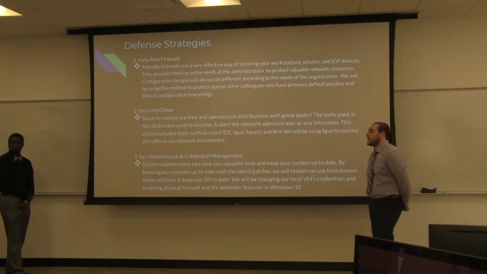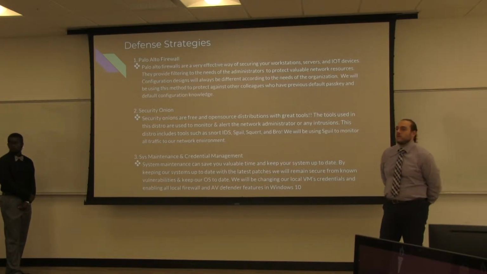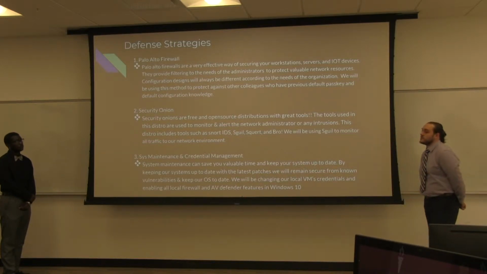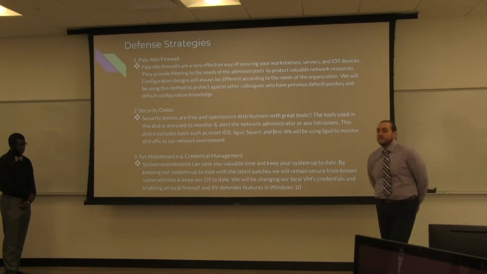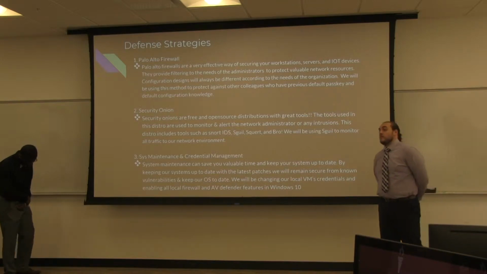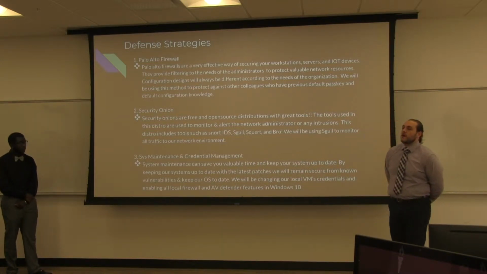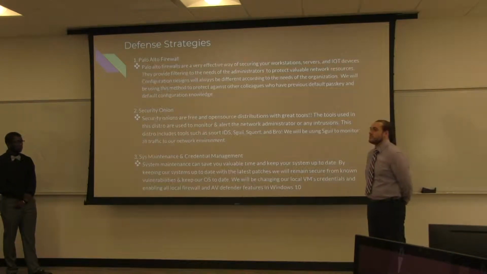And then additionally, we changed our local Windows VM credentials and enabled all of our local firewalls and AV Defender on Windows 10, just in case they did get past the firewall. You still have a secondary line of defense as far as credential management. But as you saw in some of the other demonstrations, there are ways to gain access to a password hash and things like that, even if you put those systems in place to protect.